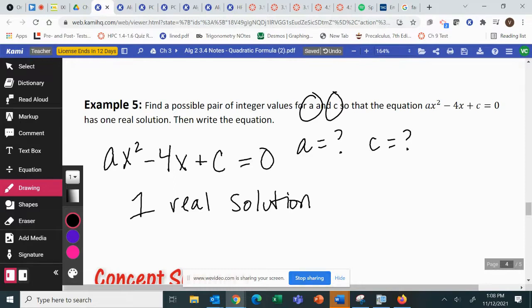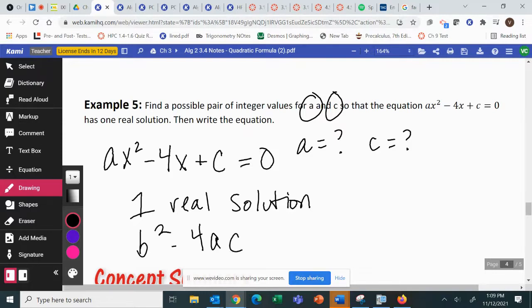How would we know how many solutions this equation has? How can we find out? Hint, we learned it today. We find the discriminant. So what's the discriminant formula? B squared minus 4AC.